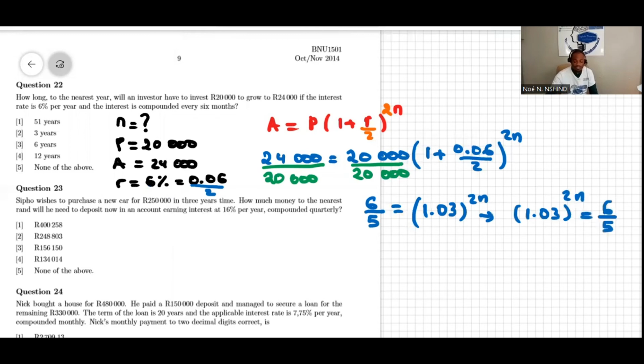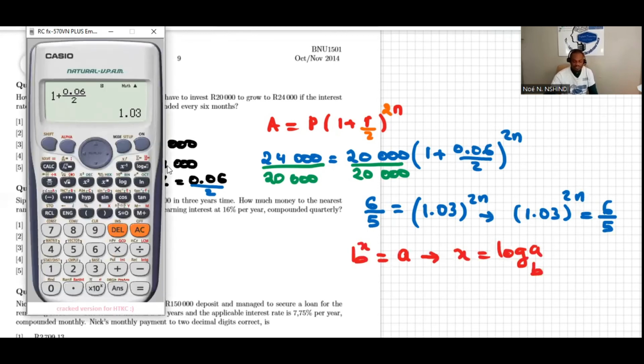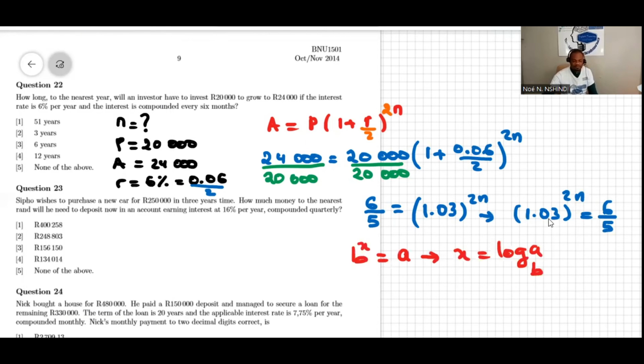In this case we can use the log property, which says that if we have b to the power of x equal to a, this implies that x equals log of a base b. That's the formula for logs. So now we can use the calculator, and in this case 1.03 is b. Let me just highlight it here.